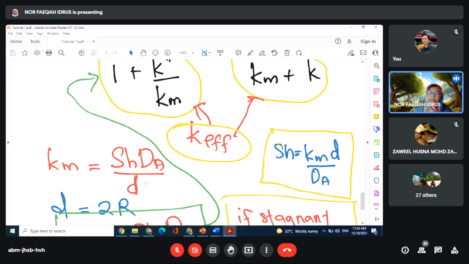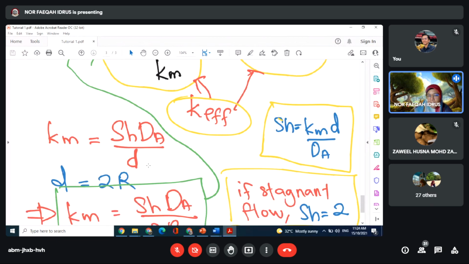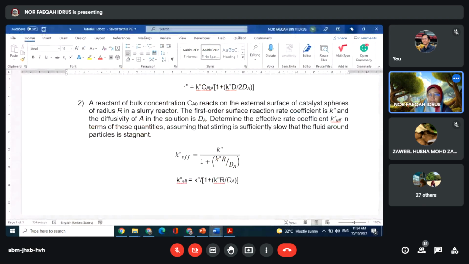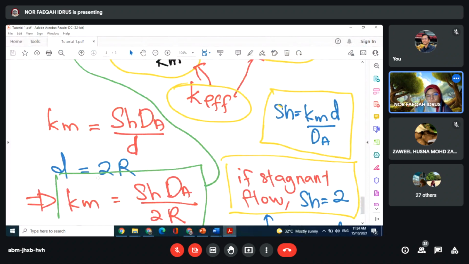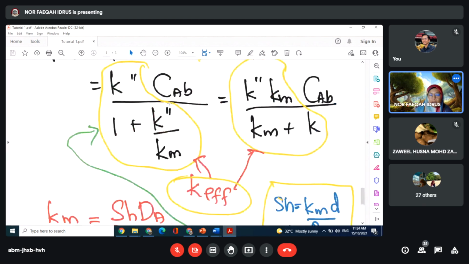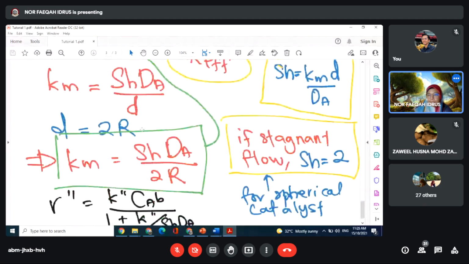So in this case, because the catalyst is a sphere, the characteristic length becomes the diameter of the sphere. And given in the question tadi, dia bagi radius. So diameter equals 2r. Okay, then replace the diameter in terms of radius. Dapat this equation. Ganti masuk dalam rate law equation.